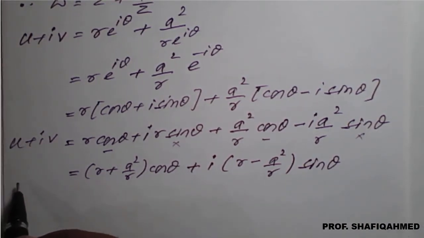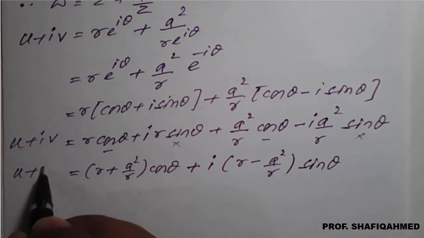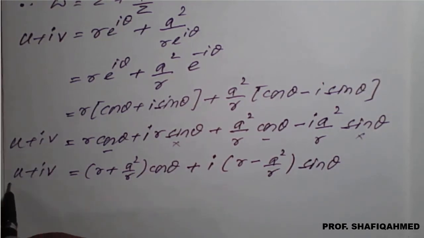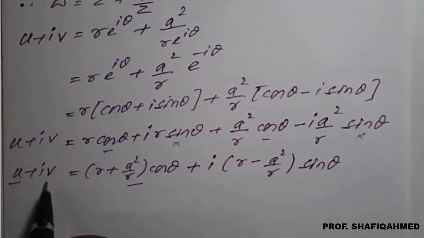On the left hand side we already have u + iv. The real part we compare with the real part, and the imaginary part with the imaginary part.